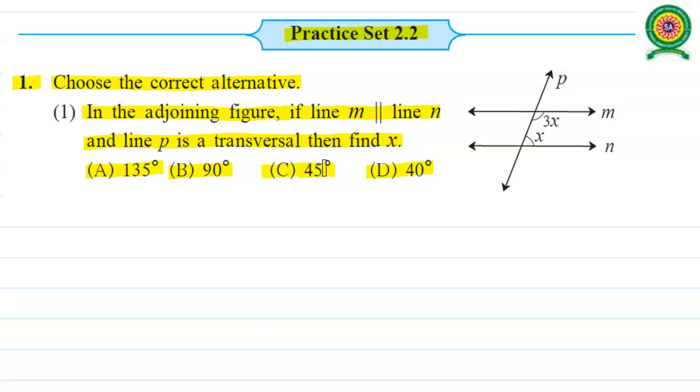Now look, we have the parallel lines m and n and p is the transversal of them, and we are given two angles, one angle is x and the other angle is 3x. Which type of angles are those? Those are angles which are formed in between the lines and towards one direction of the transversal.